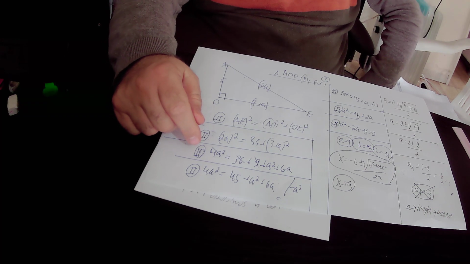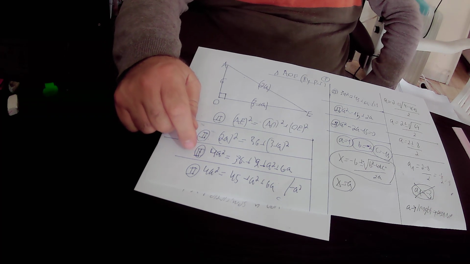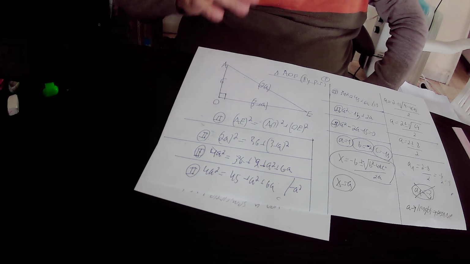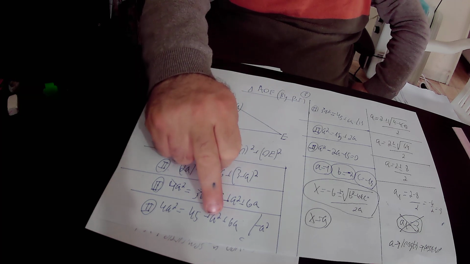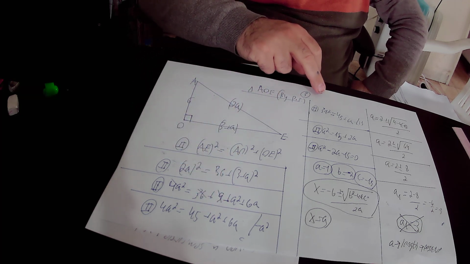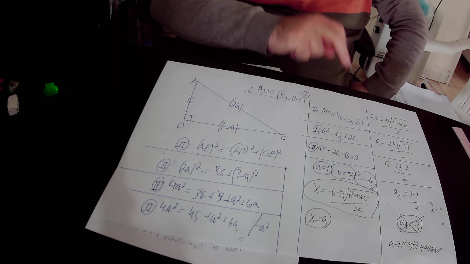We subtracted A squared from this equation, equation number 2, and found out that 4A squared minus A squared is 3A squared. Here A squared minus A squared is 0. So in conclusion, we found out that 3A squared equals 45 plus 6A.